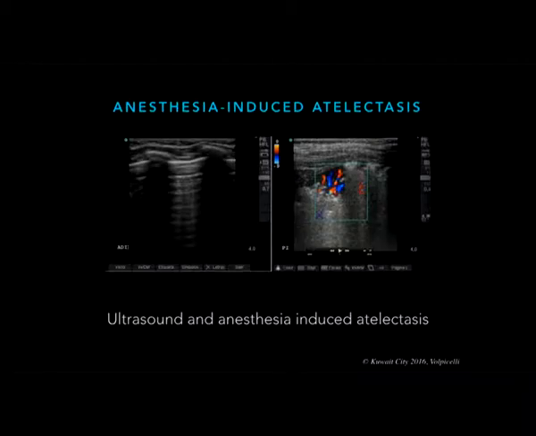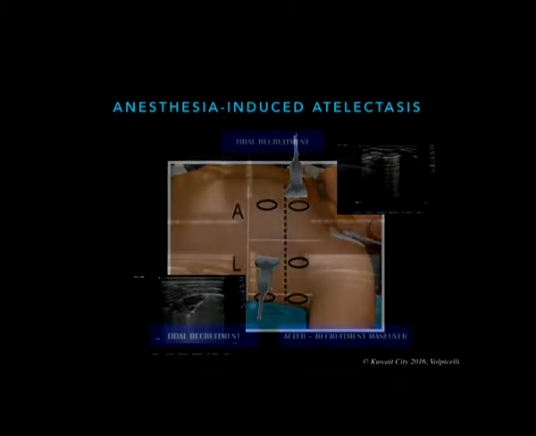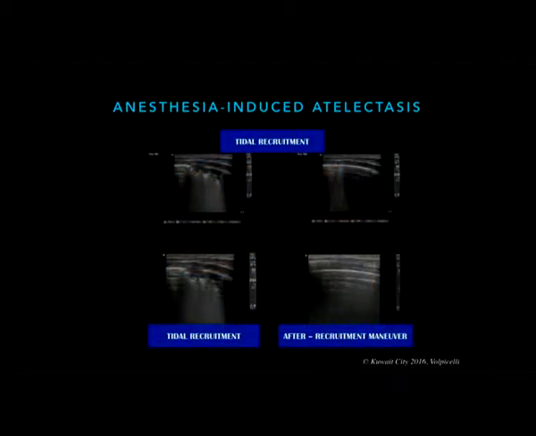And not only to use lung ultrasound to assess the condition of the patient, but also to assess the change that we can obtain by changing our ventilatory strategy. This is an example of what happens in tidal recruitment and after recruitment maneuvers. So we can assess the difference in a stable recruitment obtained by maneuvers.